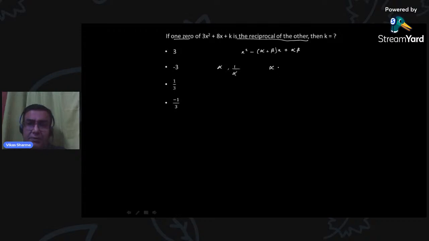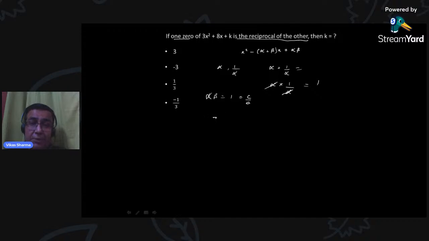The sum of the two roots should be alpha plus 1 upon alpha, whatever that is. The product of the roots should be alpha into 1 upon alpha. This is easier to find. Alpha and alpha get cancelled, so that means 1. That means the product of the roots alpha beta is equal to 1, and alpha beta we also know is equal to c upon a.